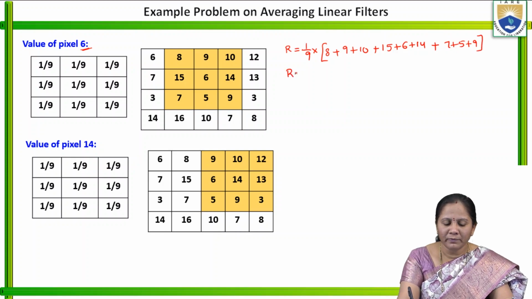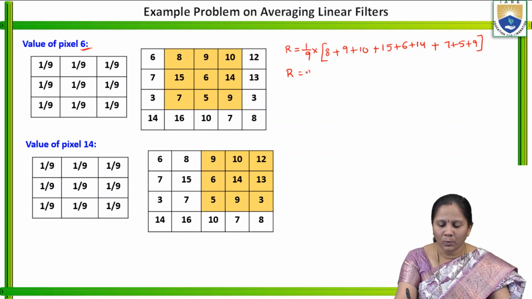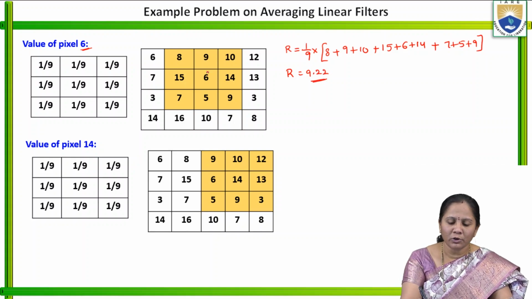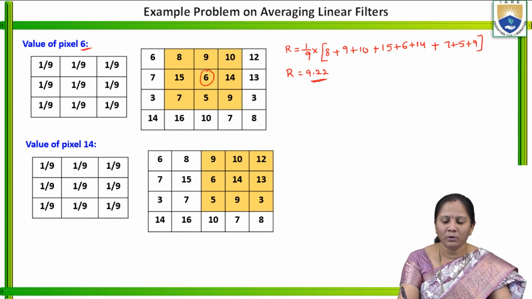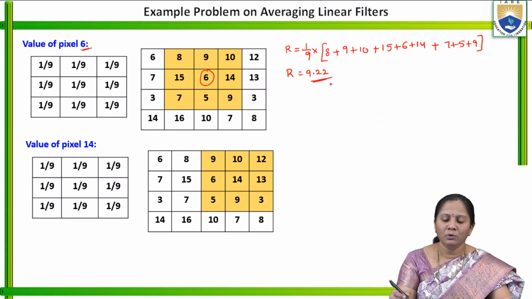If we simplify this, we are going to get the new value of 6. Its value is equal to 9.22. So, instead of this 6, we have to insert the new value, that is 9.22.